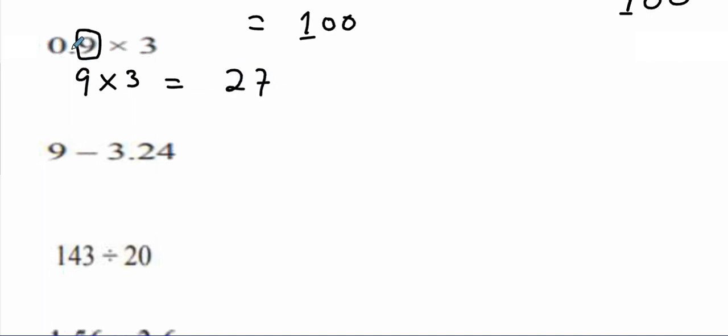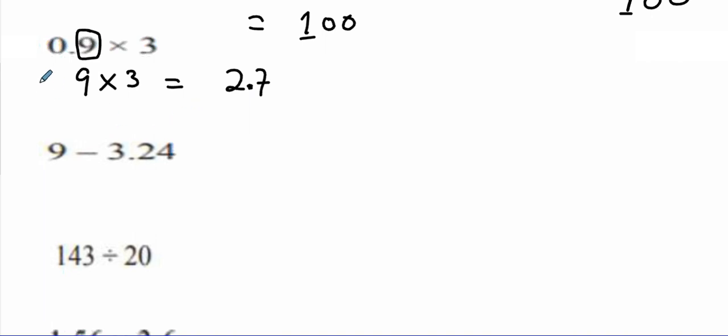Okay, now count how many decimal places are here. We have 1 decimal place. But over here we have no decimal place, so total we have only 1 decimal place. So that suggests count 1 number from your right hand side and keep a decimal point over here, because when you count 1 number from the right hand side, you count only 1. Why? Because we have 1 decimal place. So you count only 9, then you put a decimal point.